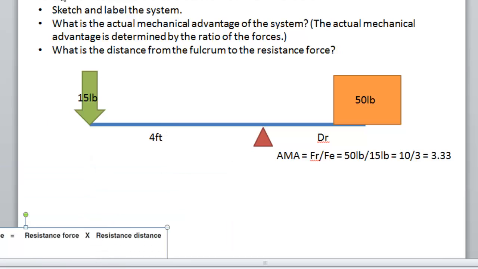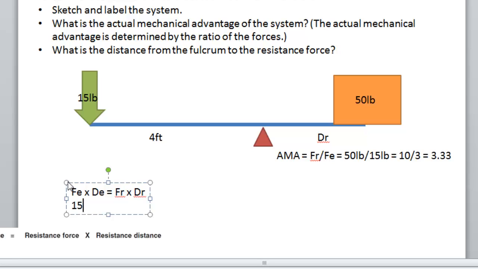Let me get a little text box here to type with. So I know that the effort force times the effort distance is equal to the resistance force times the resistance distance. So that's going to be 15 pounds times 4 feet is going to be equal to 50 pounds times, oops, I left my pounds off, times dr. I don't know dr yet.